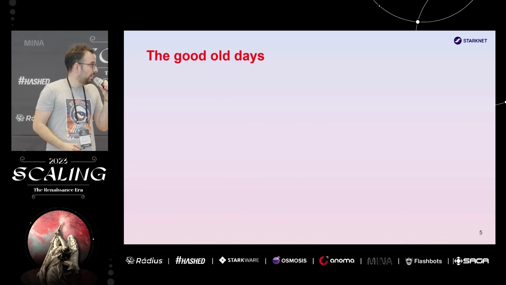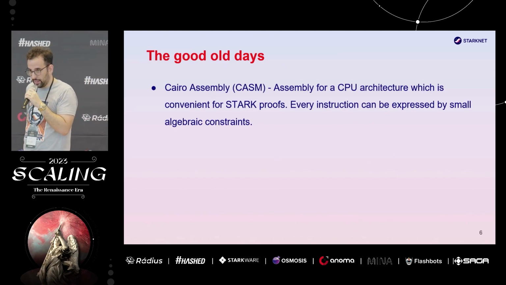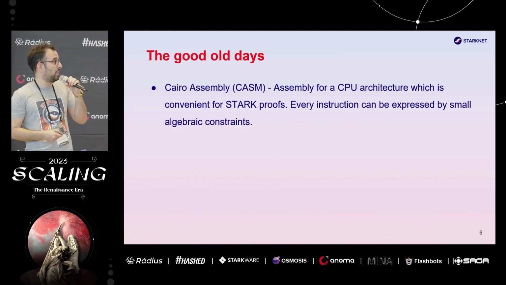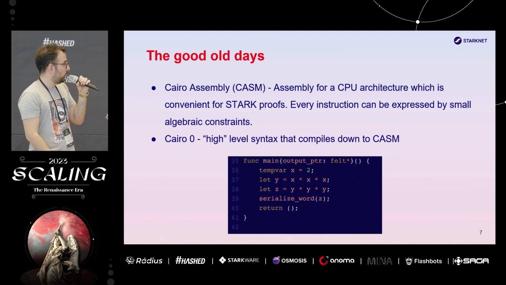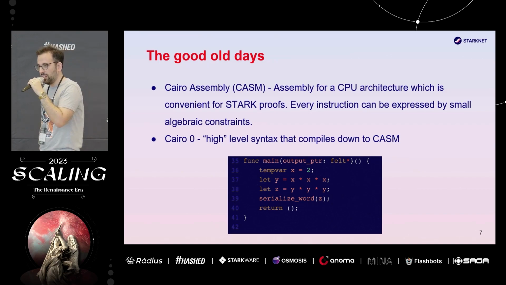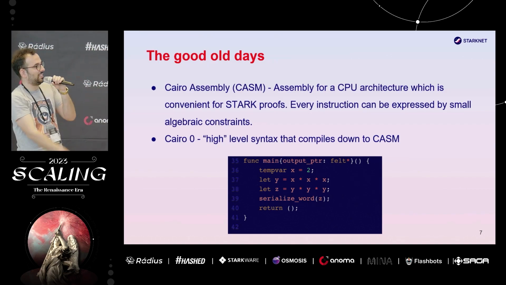So in the good old days, we had the Cairo Assembly, which is, like I mentioned, the instruction set for the Cairo VM. And we had Cairo 0. If there are any brave developers here who are experienced with Cairo 0, you're familiar with this syntax.